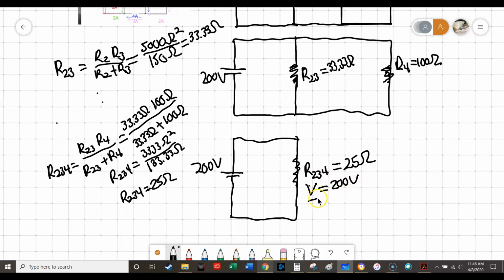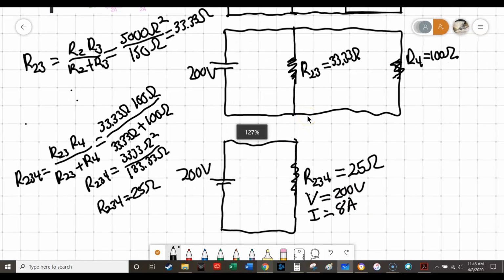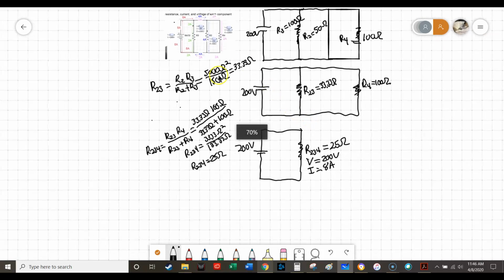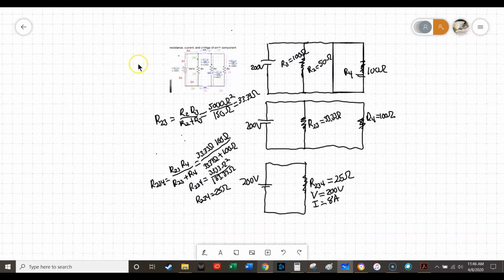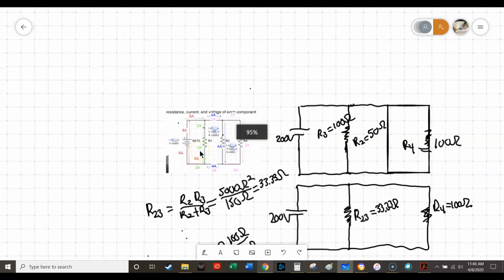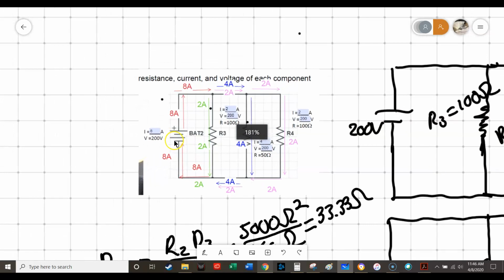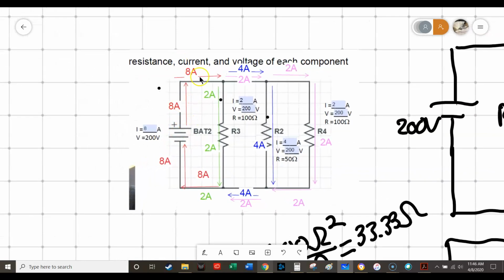And 200 volts divided by 25 ohms is 8 amps. The reason why we did that is to find out exactly how much is coming out from the battery. And we found out earlier that that was 8 amps, but we did it through a different way.